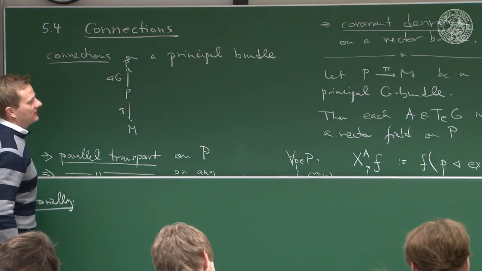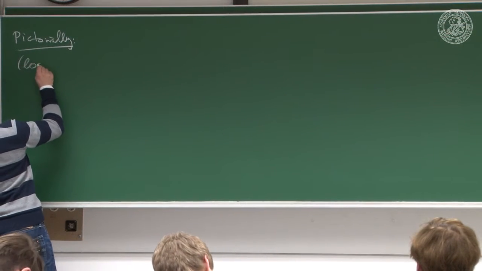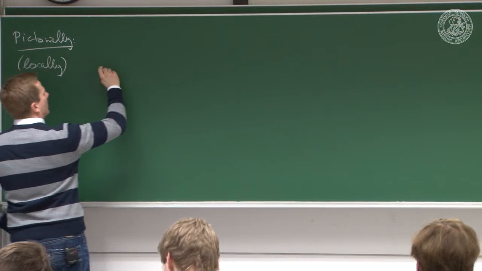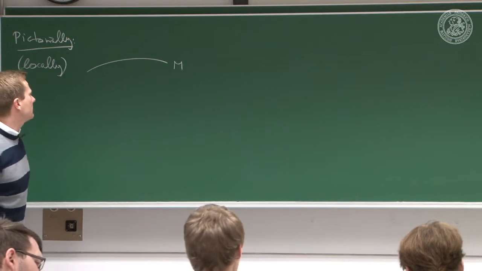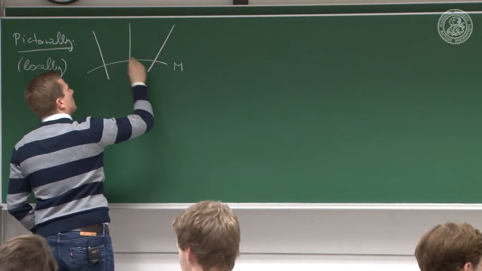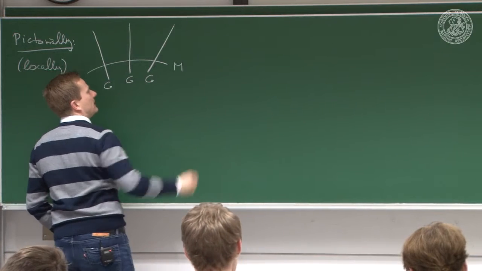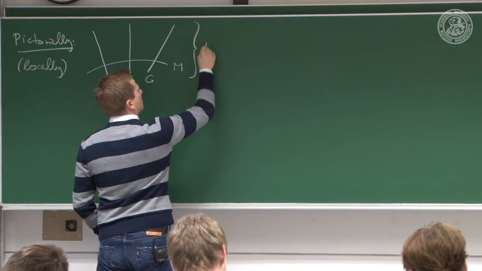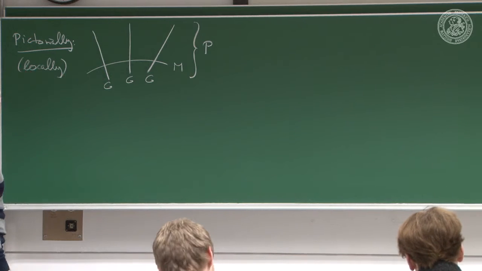If we draw a picture locally, so these pictures usually only work locally, there's a piece of the base manifold, and our principal bundle consists of attached fibers of the group at each point, right? So a principal bundle locally looks like this.